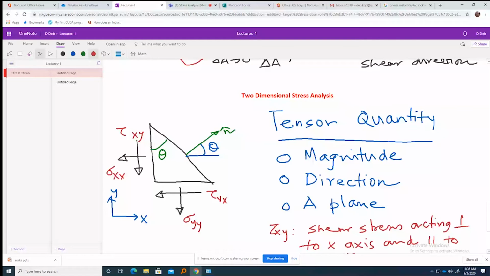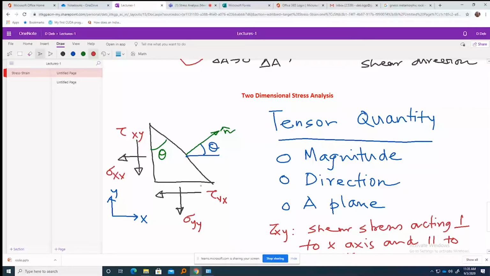So we are ignoring that. It's just a plane. So this is a line. On that line, now we have 2 stresses acting. One is normal to this plane, and another is shear along the plane.